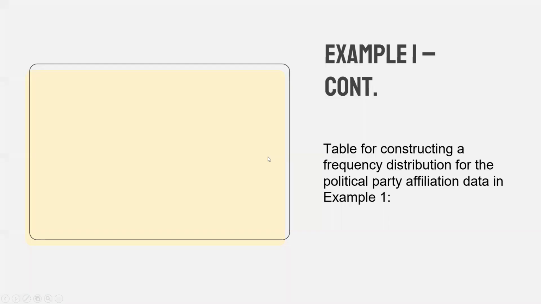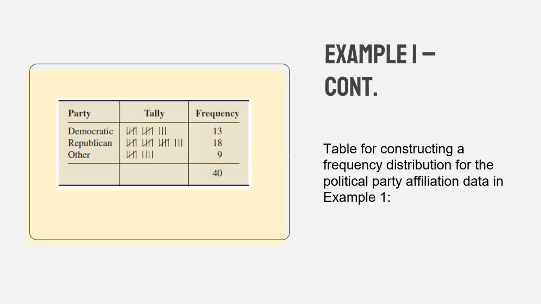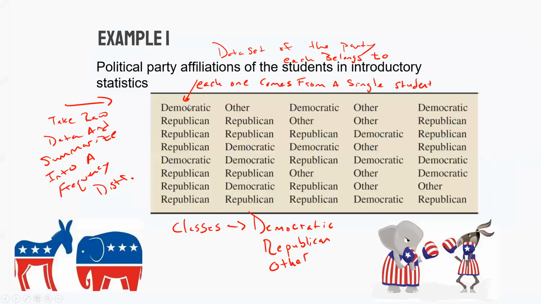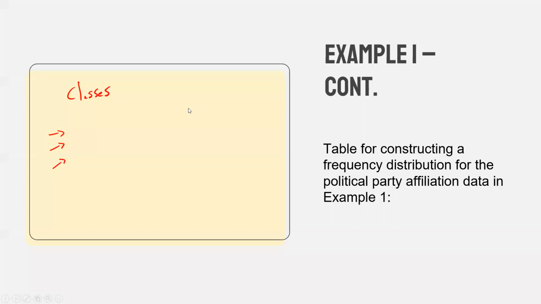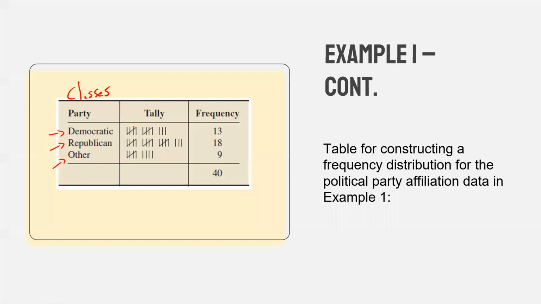What I'm going to do here is I actually just did this for you and show it as the table here. This party column shows the different classes we said we were going to have: you're a Democrat, Republican, or other. What this tally mark represents is every time I'd go through, I'd say, okay, the first person is a Democrat, I put the tally mark here.